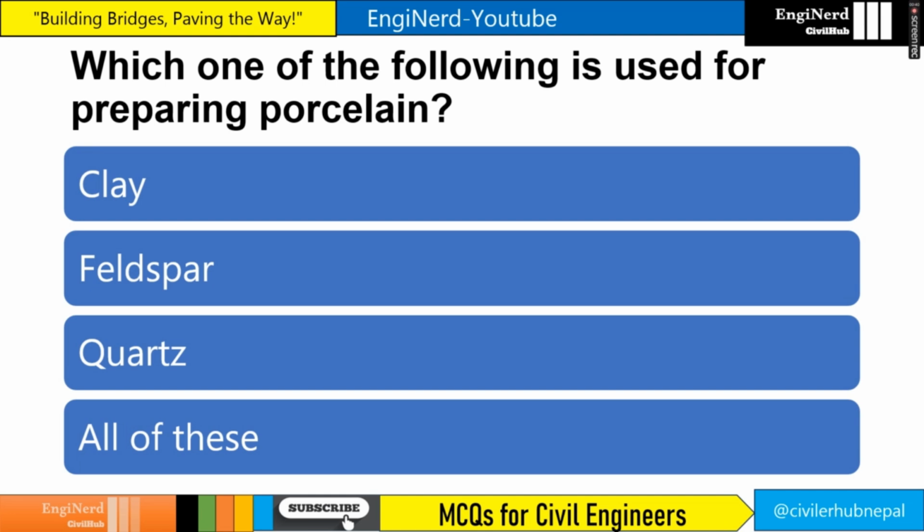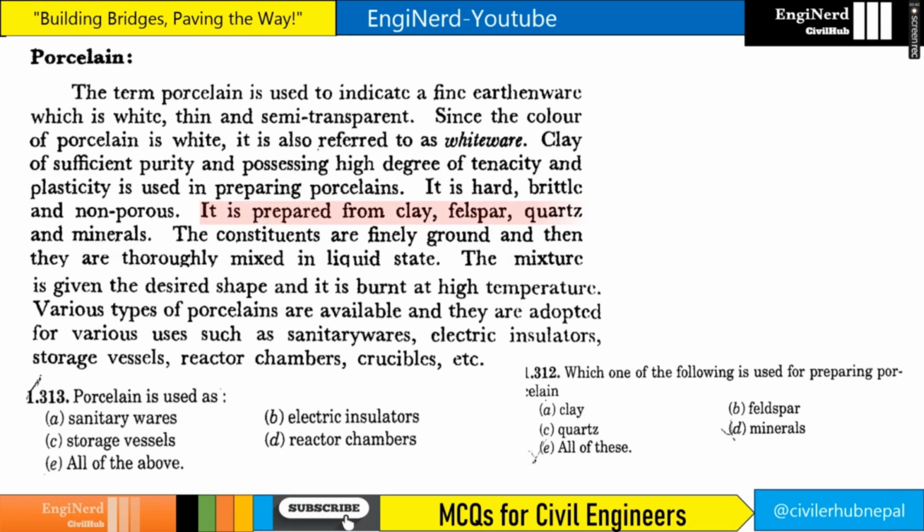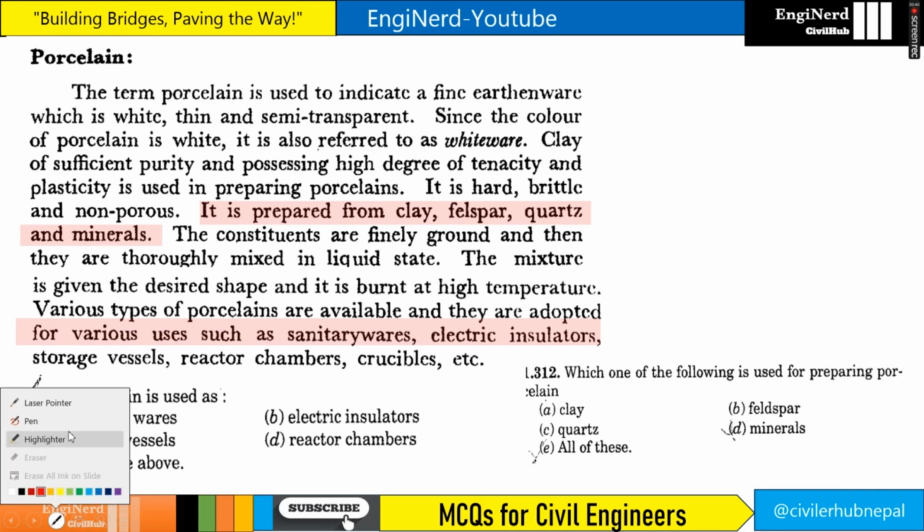Which one of the following is used for preparing porcelain? Clay, feldspar, quartz, and all of these. If you see here, porcelain is prepared from clay, feldspar, quartz, and minerals, right? So the answer should be all of the above. Also, another important question: porcelain is used as sanitary wares, electrical insulators, storage vessels, reactor chambers, all of the above.